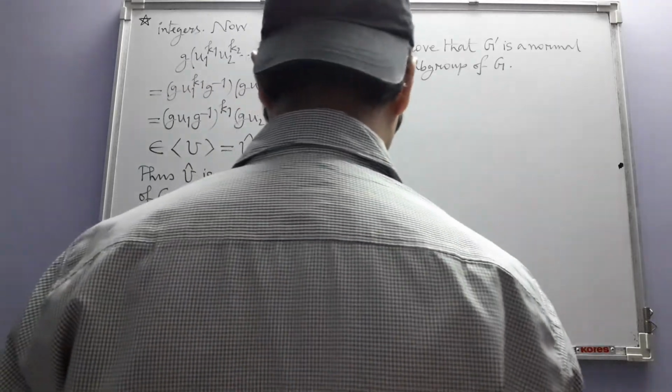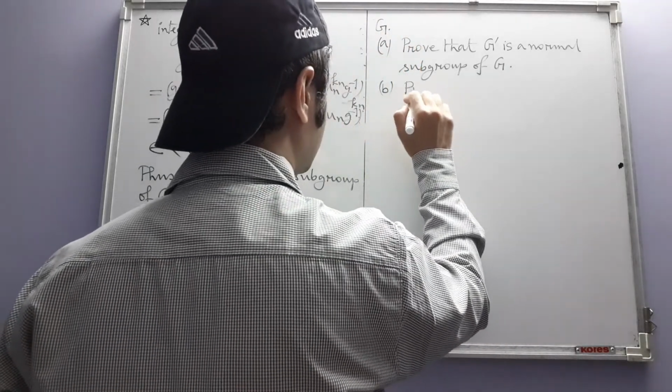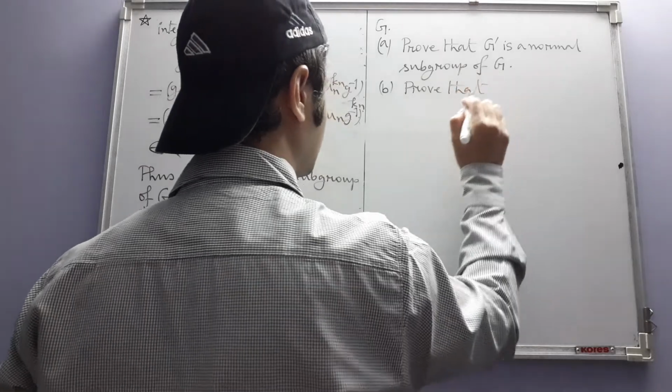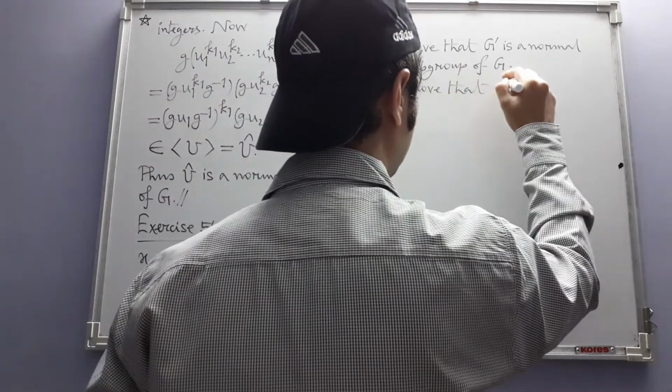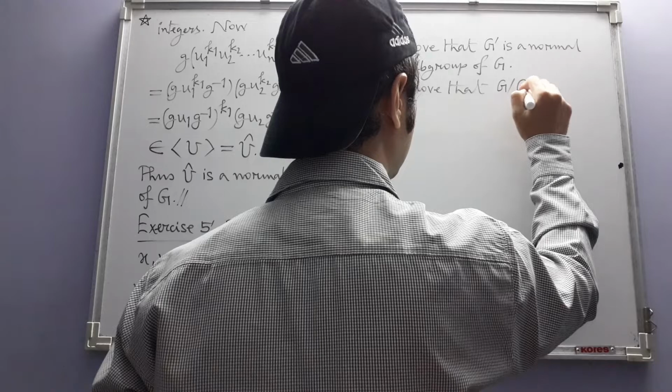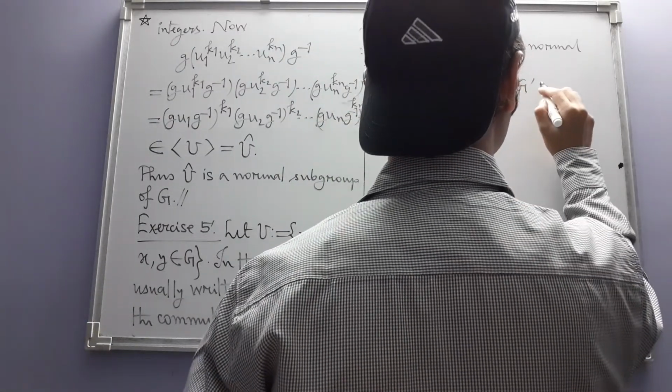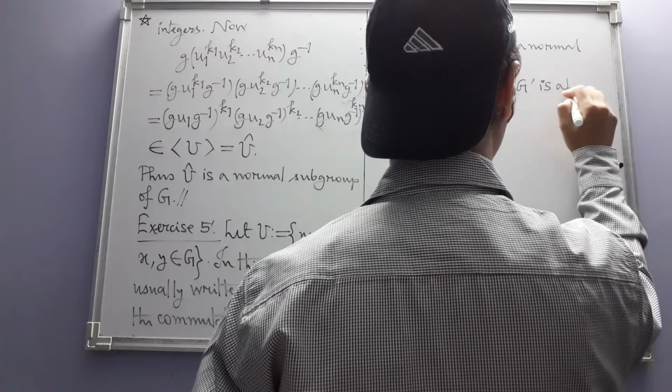Part B, prove that since it's a normal subgroup, we can form the corresponding quotient group G by G prime. We have to prove that this is, as a group, abelian.